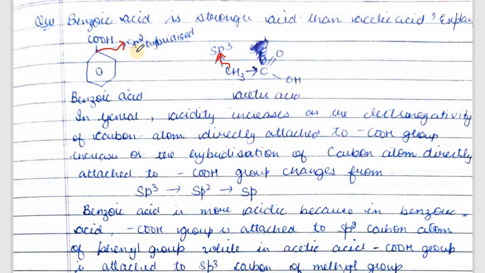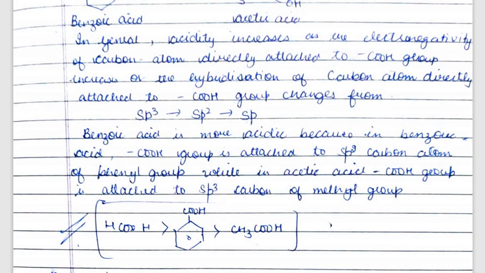More s character makes the carbon more electronegative. Benzoic acid is more acidic because the COOH group is attached to the sp2 carbon atom of the phenyl group, while in acetic acid the COOH group is attached to the sp3 carbon of the methyl group.